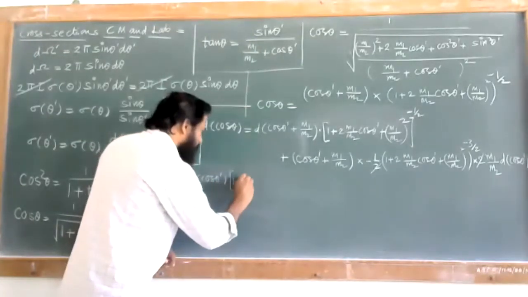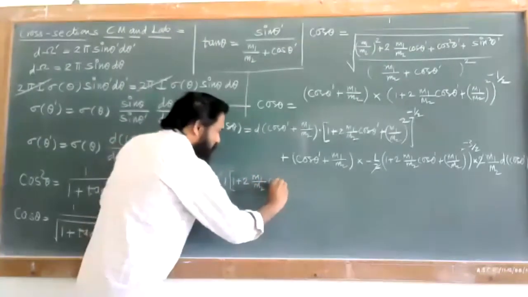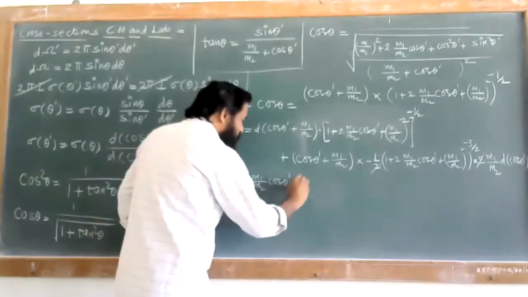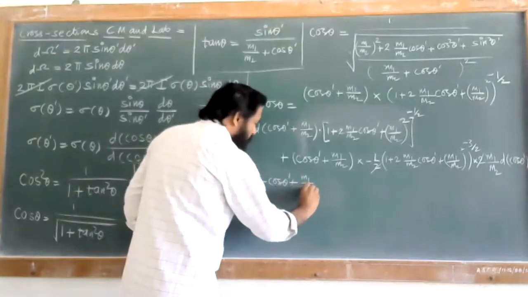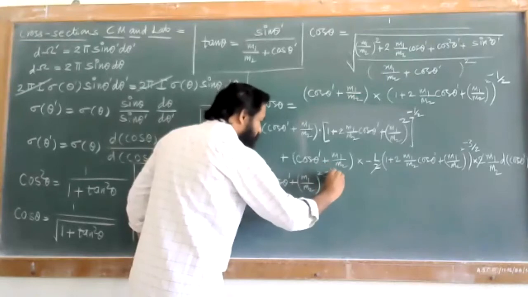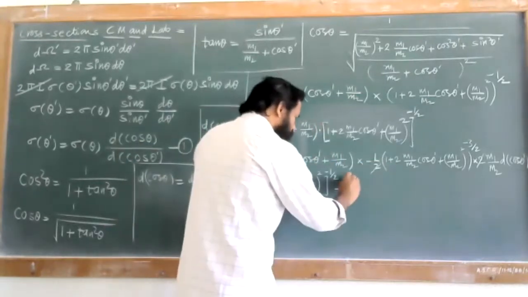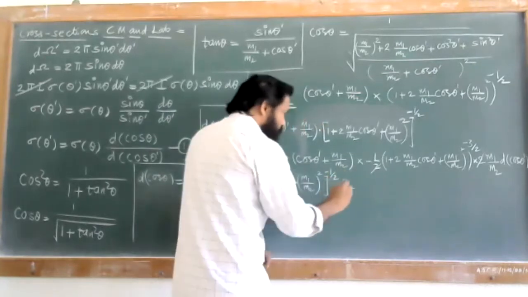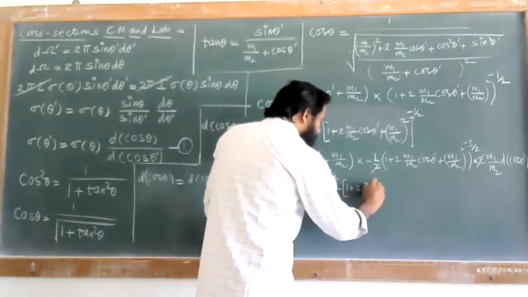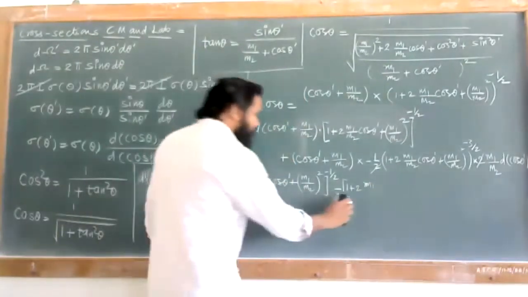So this is [1 + 2(m1/m2)cos theta dash + (m1/m2)^2] raised to minus 1/2. Okay, minus this thing, that is 1 + 2(m1/m2). So I'll just take it to the denominator.